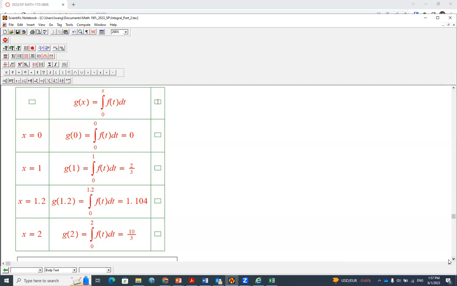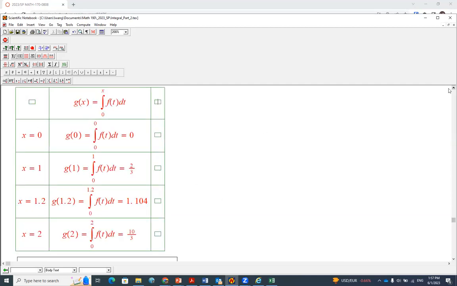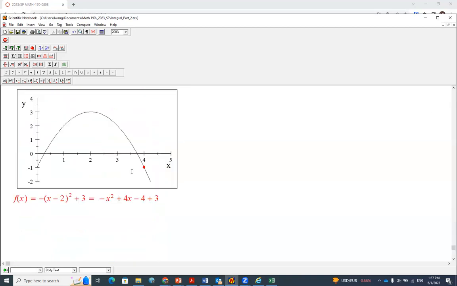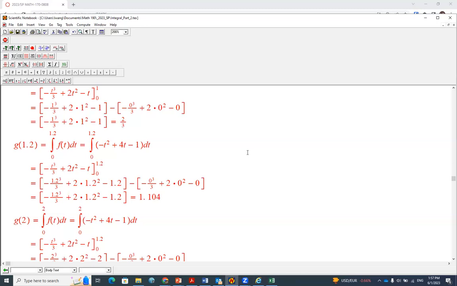It is an area between 0 and 0, and that's easy to understand. So for G of 0, we're done.